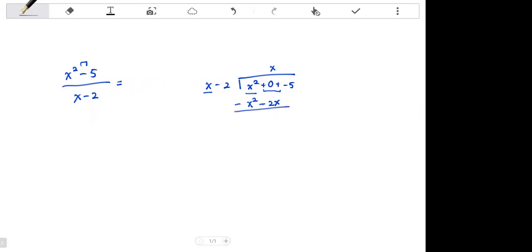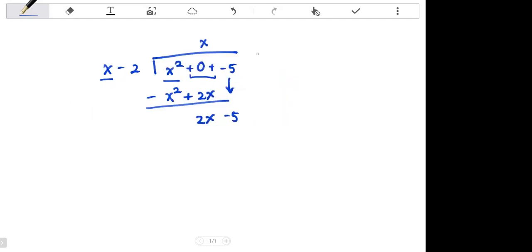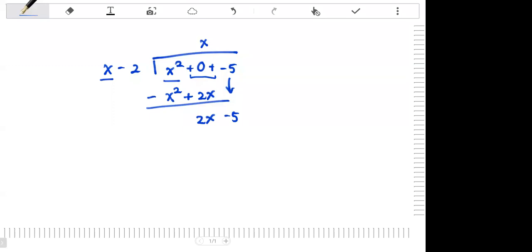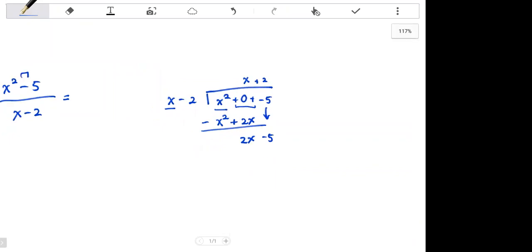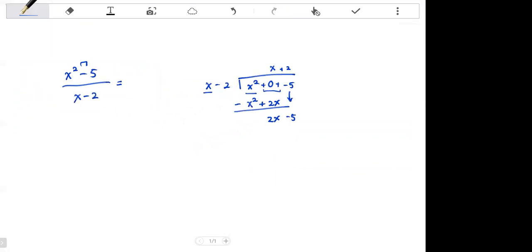We subtract, leaving 2x, bring down a negative 5. How many times does x go into 2x? Plus 2 times, and we multiply again, leaving 2x minus 4. Subtract, and we have negative 1 left as a remainder.